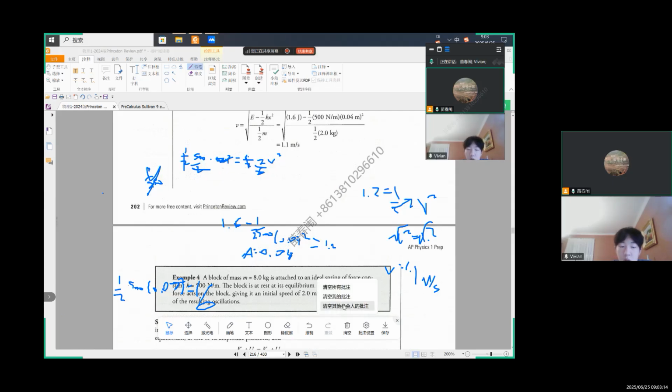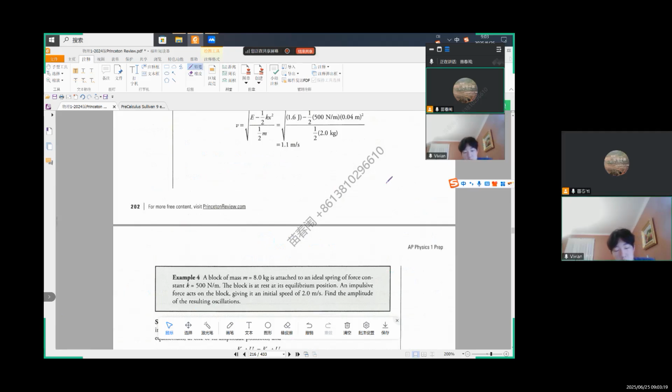Example 4. 1/2, 500, a squared equals 1/2, then b squared.